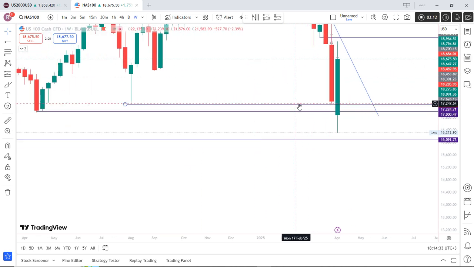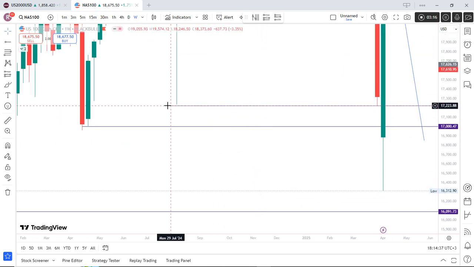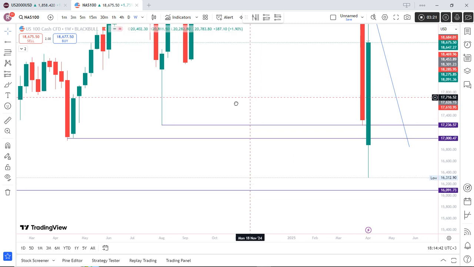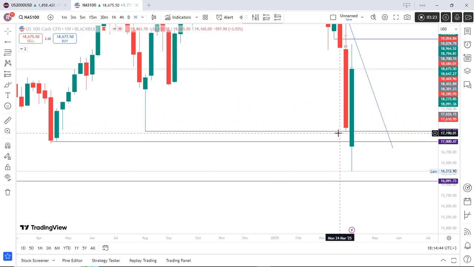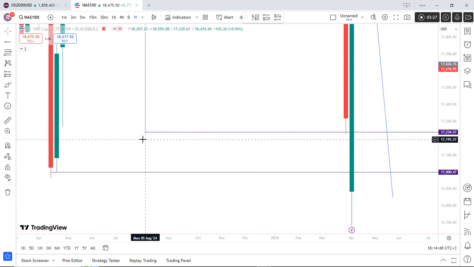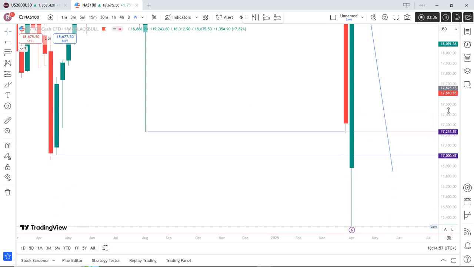Once we were here, I want you to take a look at how we closed last week. So we had tapped. If you take a very close look, you realize that we had already tapped this low here, just a little bit of it. Hope you can see that, right?